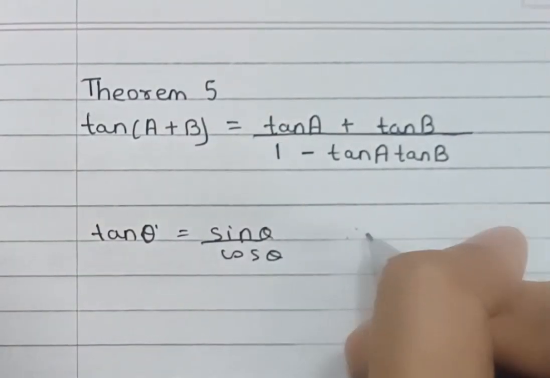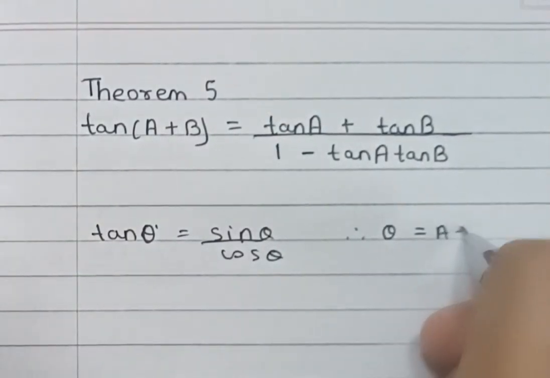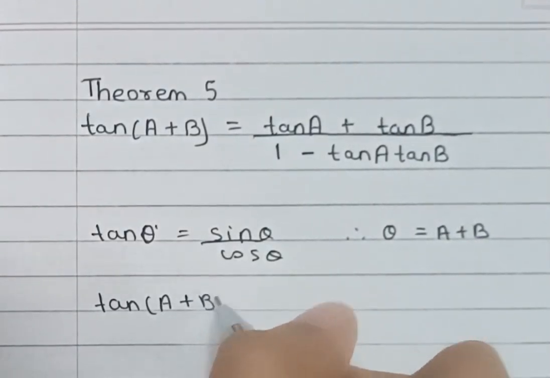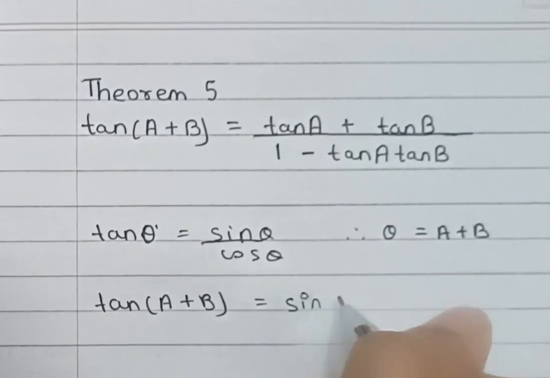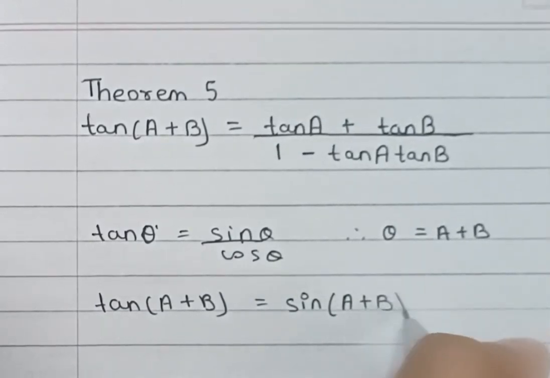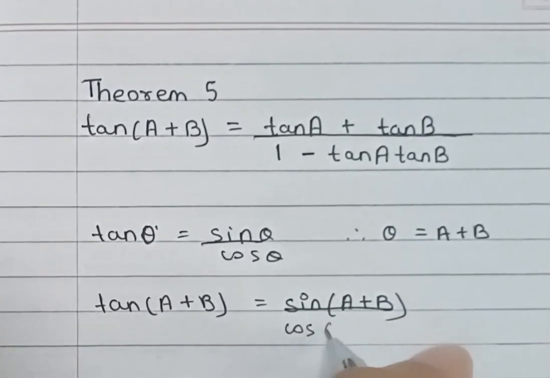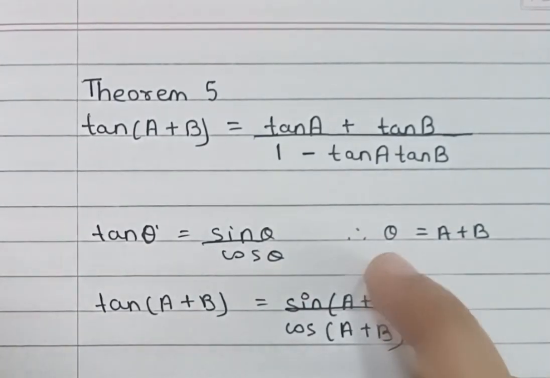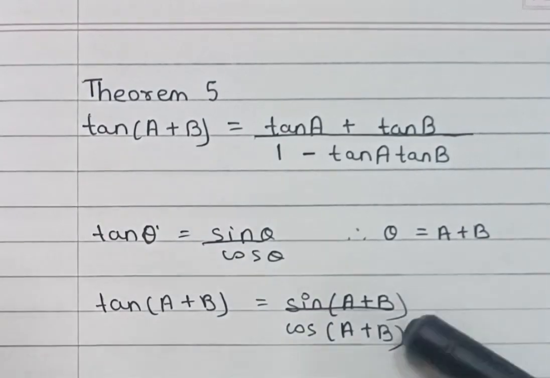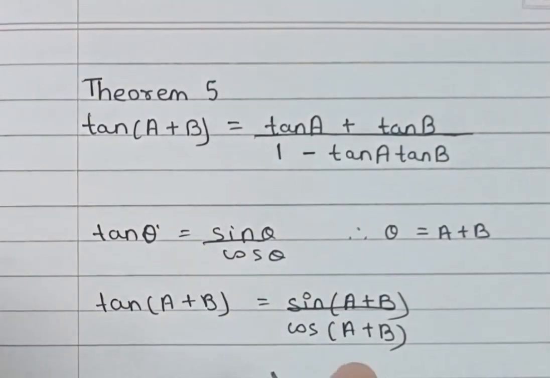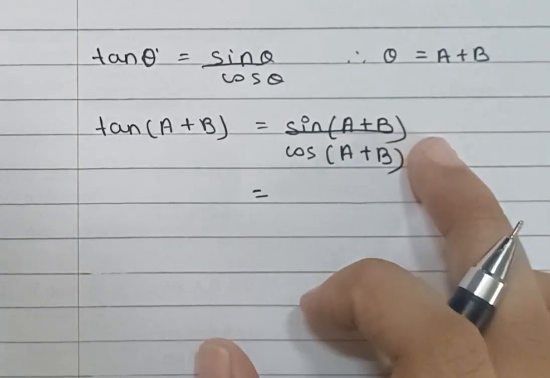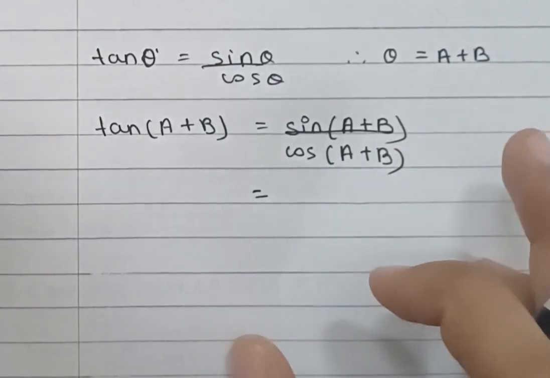Now if we take theta as A plus B, so therefore tan of A plus B will be equal to sine of A plus B divided by cos of A plus B, right? Because theta can be any value. Here we have taken theta as A plus B. So it is right? So now what is sine of A plus B? You have learnt this formula in theorem number 4. We have just done it now.